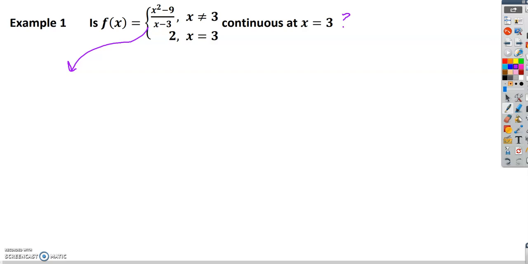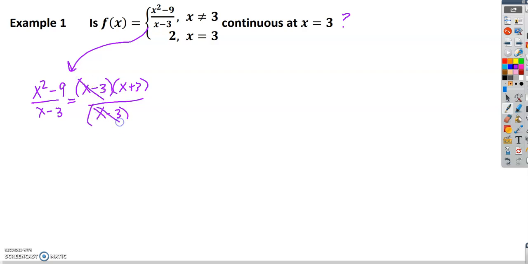So if I were to factor this, I end up with x minus 3 times x plus 3 over x minus 3, which basically means that except for 3, this graph is always going to just look like x plus 3. Okay, so if I graphed that, I could plug in maybe 0, for example, because 0 is something that's not 3. If I plug in 0, I get 3.